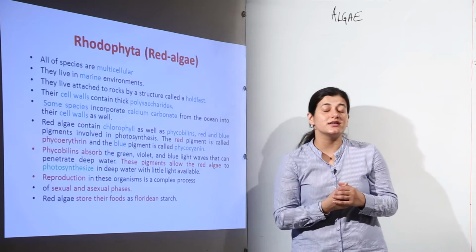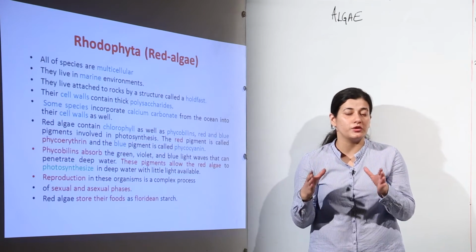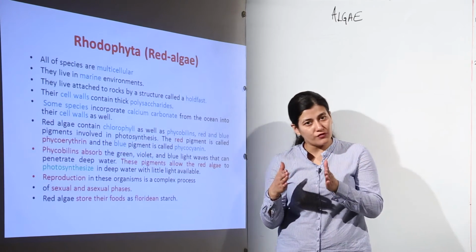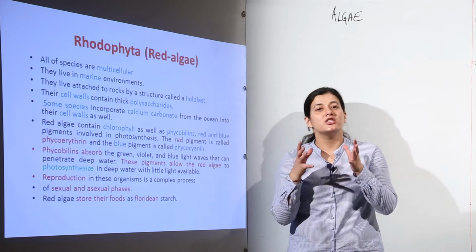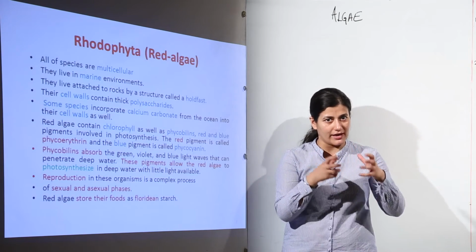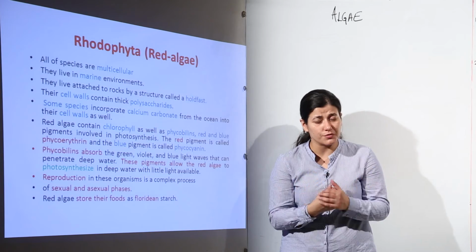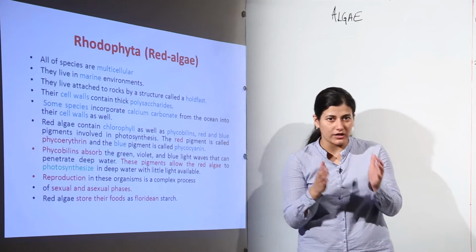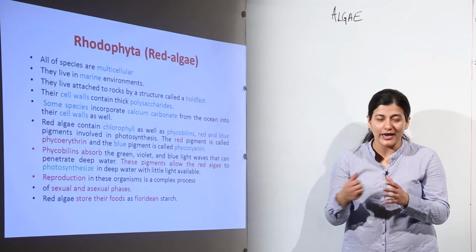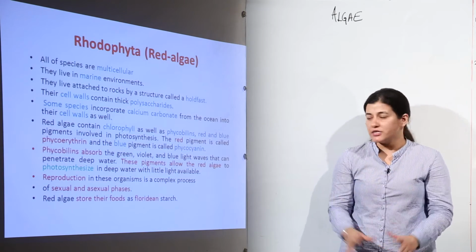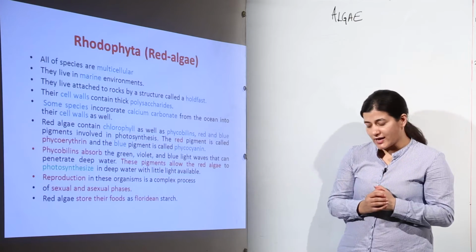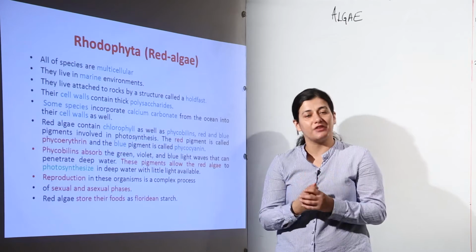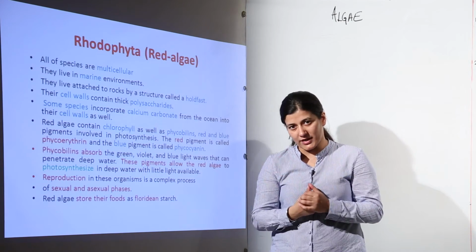Asexual reproduction would be with the help of non-flagellated spores, and sexual reproduction, carried out by the formation of gametes, would be oogamous: the female gamete would be larger in size and the male gamete would be non-flagellated and would reach the female gamete. So, this is all about algae, and you have to understand the basic difference on which the classification is made. That is the important point that you have to understand.